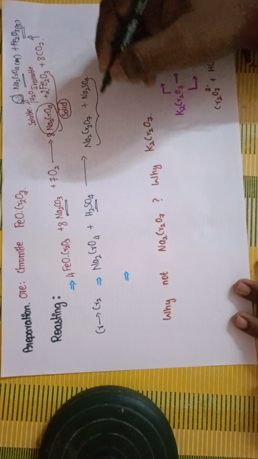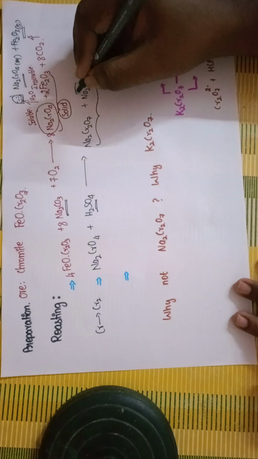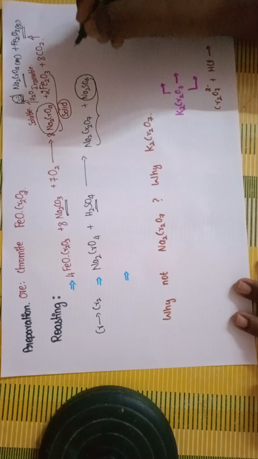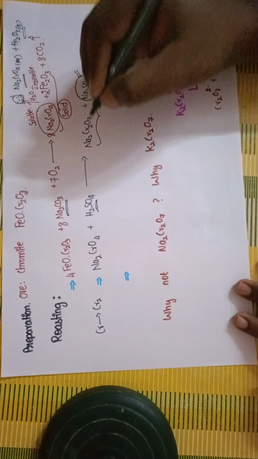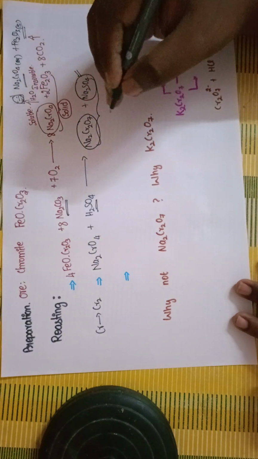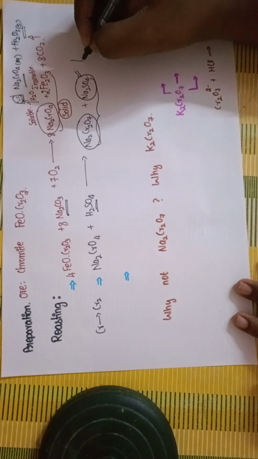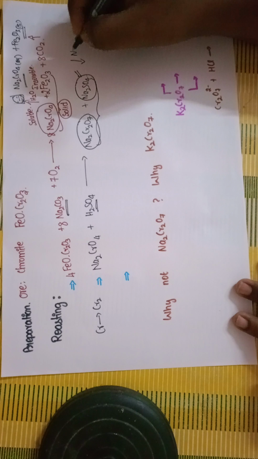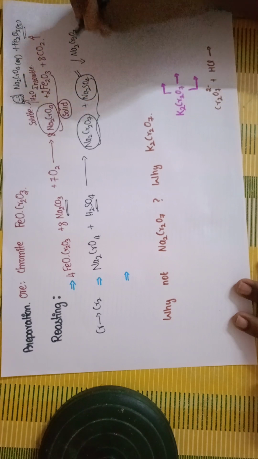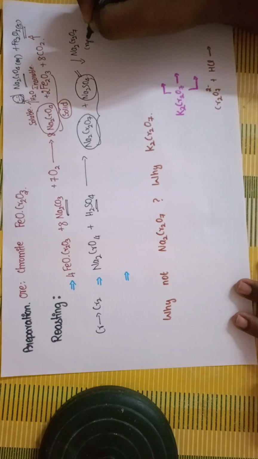Now both are soluble in water, but the extent of solubility is not the same. The solubility is high for sodium sulfate, so it will get dissolved completely, whereas sodium dichromate does not get dissolved completely. On decreasing the temperature, sodium dichromate crystallizes first.